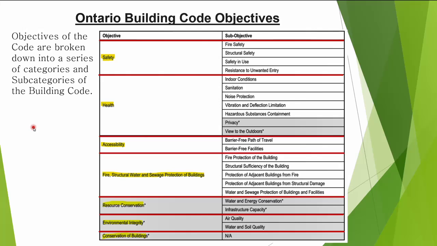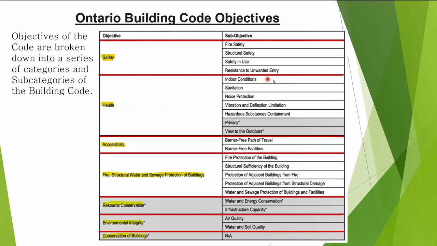Ontario Building Code Objectives. What are Ontario Building Code objectives? So, objectives of the code are broken down into a series of categories and subcategories of the building code. Objectives have their own categories, such as safety, health, accessibility, etc. While sub-objectives for safety are fire safety, safety in use, etc. All of these are listed here.